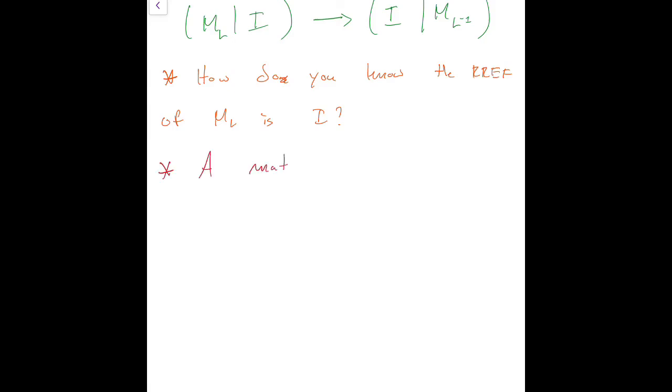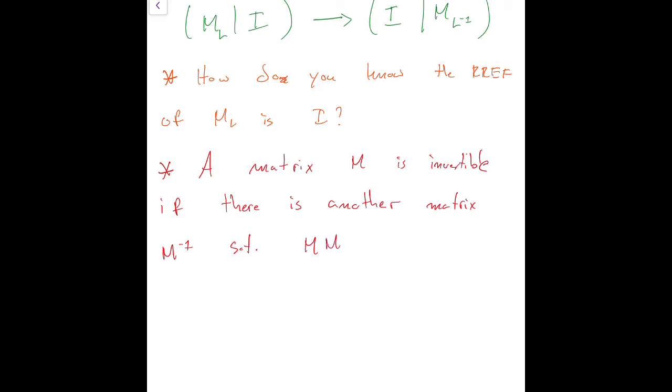A matrix M is invertible if there is another matrix denoted M to the power of -1 such that M times M inverse equals M inverse times M, and this is the identity matrix.